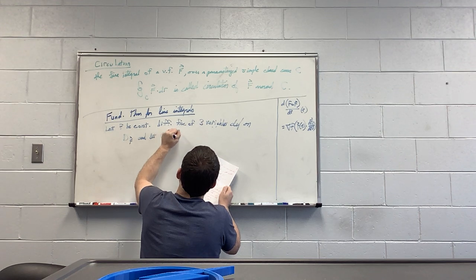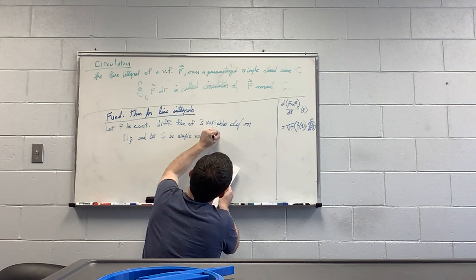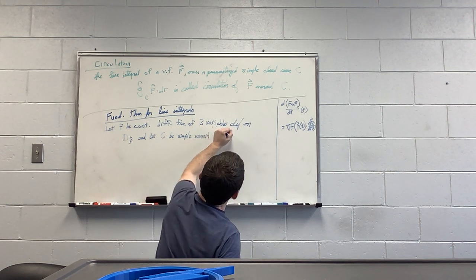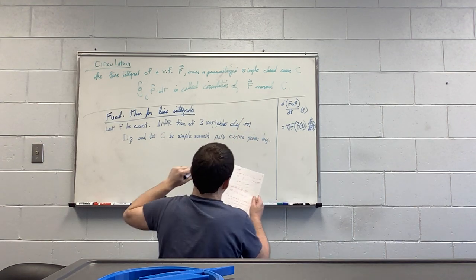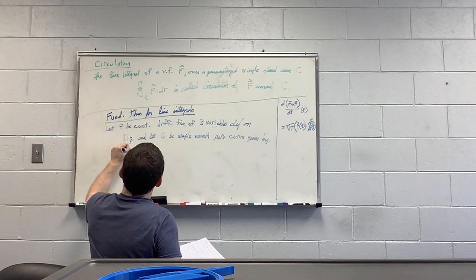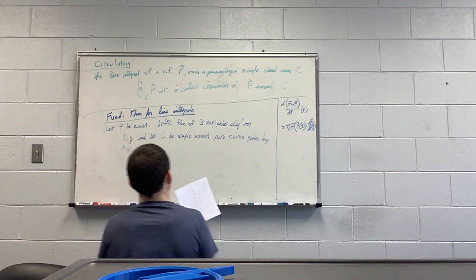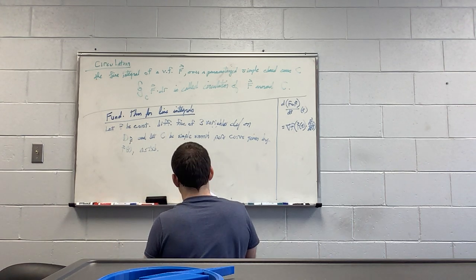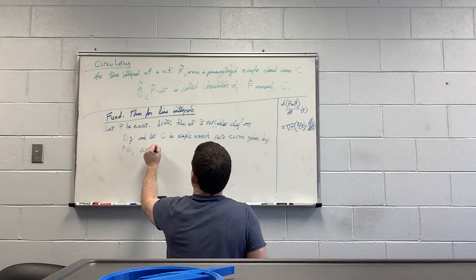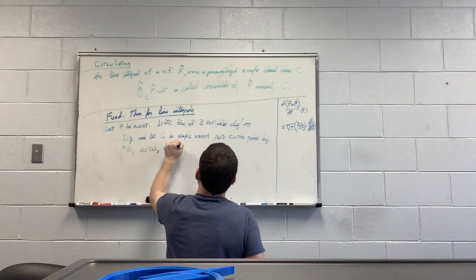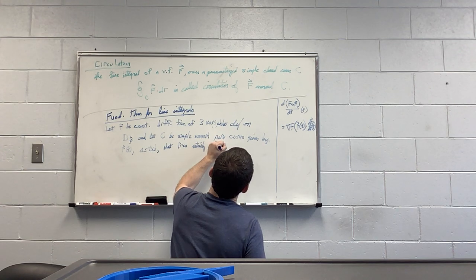And let C be a simple, smooth, parametrized curve given by r of t. So all the same conditions that we've had before. T goes from A to B. And the curve, of course, lies entirely in the domain of the vector field f.